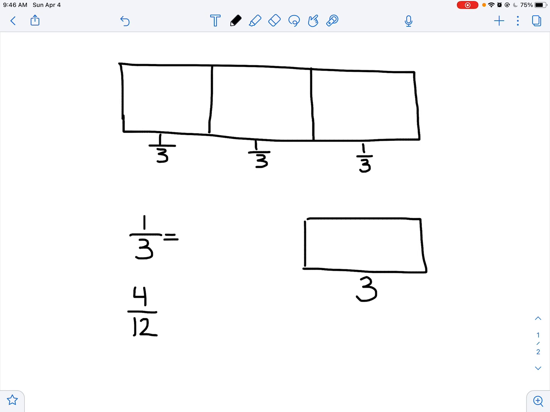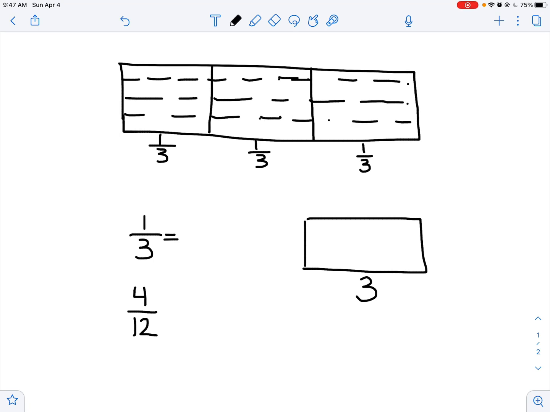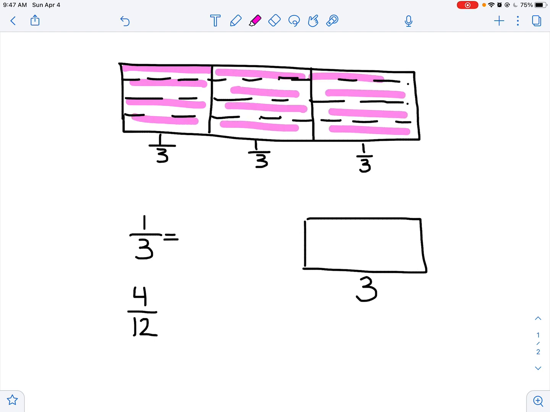So if I break up my lines, my spots, into 4 equal parts going across, I now have 12ths shown, right? 1, 2, 3, 4, 5, 6, 7, 8, 9, 10, 11, 12. See how I have 12ths shown?